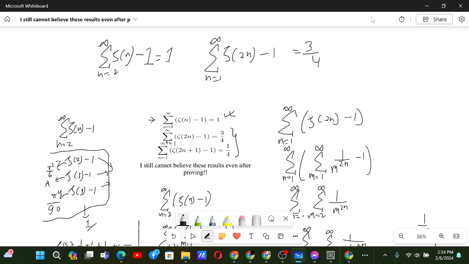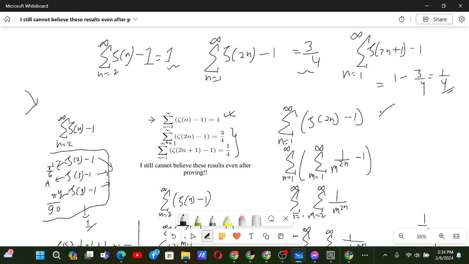Now for the odd terms, obviously the result for the sum of 2n plus 1 minus 1 should be the total minus the even, so 1 minus 3 by 4, that's just 1 by 4. And if you would like to confirm another way, you can make a similar approach as here.